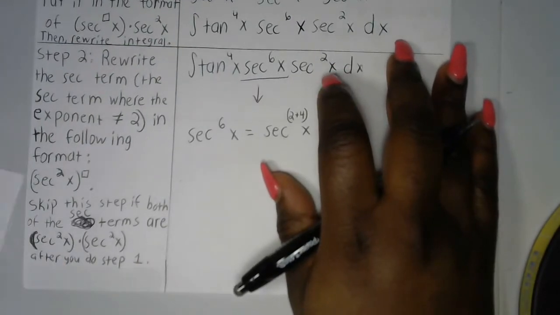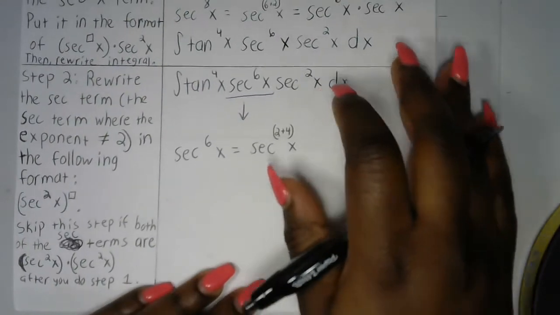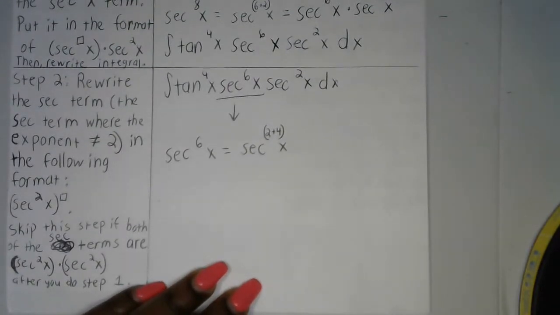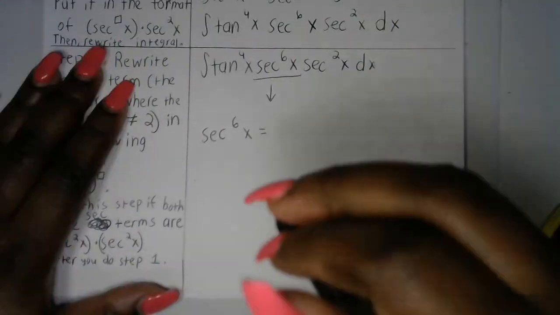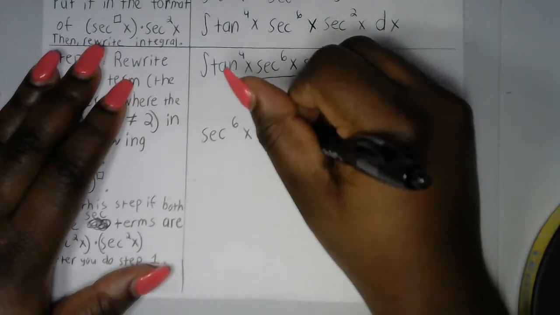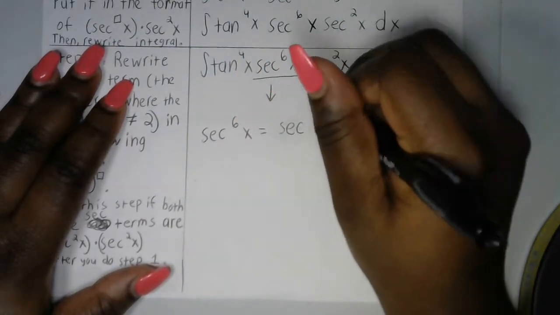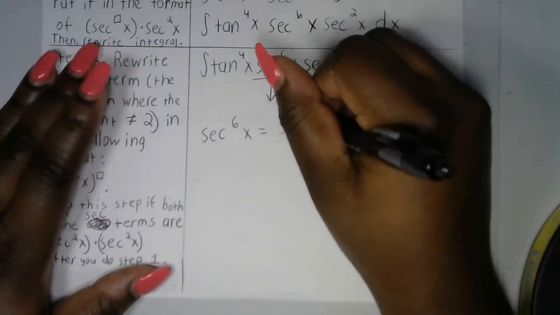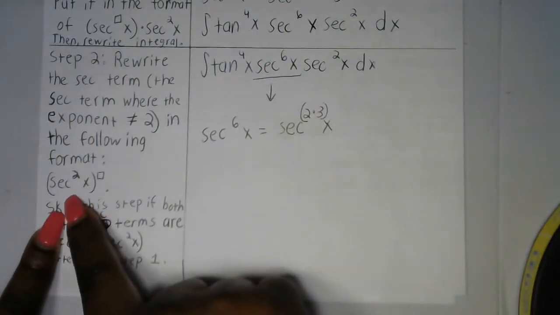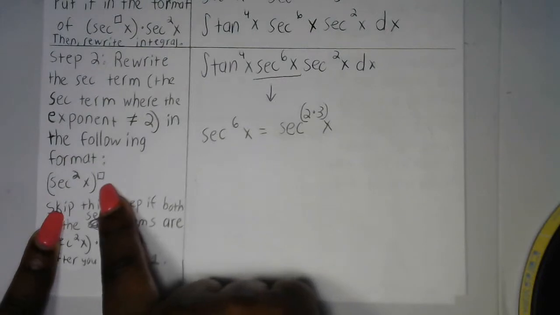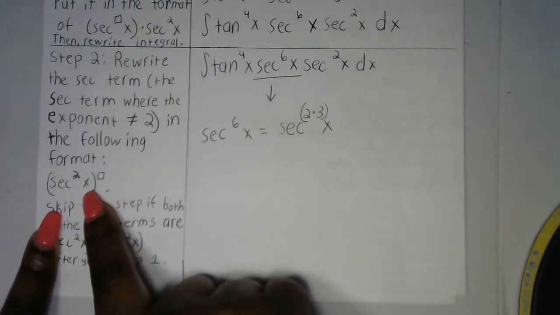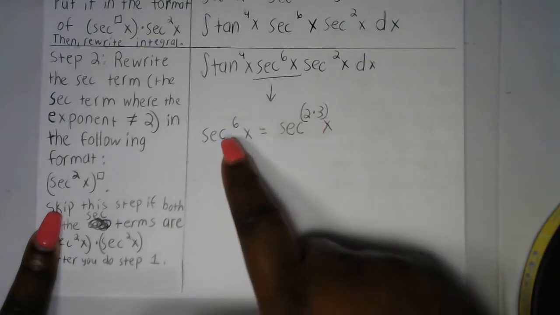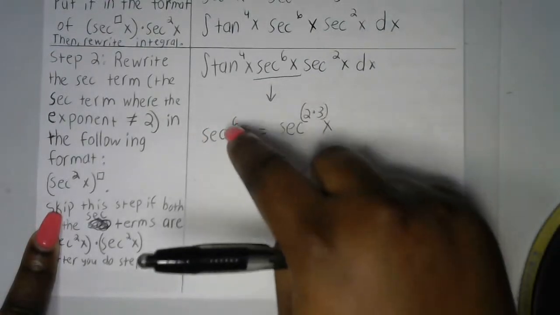Now, if you recall, rule number 2: secant x to the power of 2 times 3. Because remember, we're going to be putting it into this format, so this applies to rule number 2 that I was talking about earlier. Secant x to the power of 2 times 3 is equal to secant x to the 6th power, because 2 times 3 is 6.